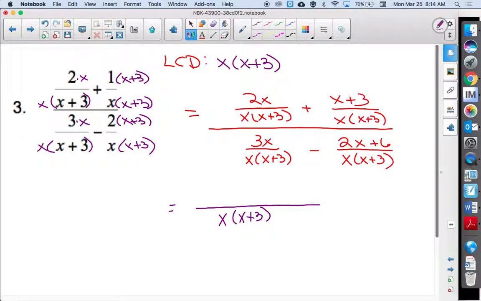What did you use as your least common denominator? Yeah, that's right. I think you just have your x terms flip-flopped. Just look at your multiplying. So I think you said you have 6x here? Yeah, so check that, the 2 times the x plus 3.